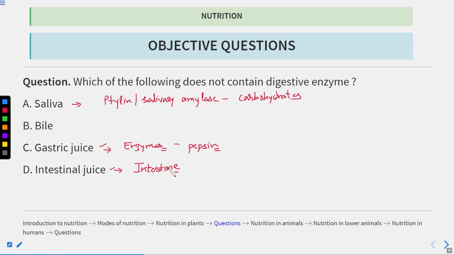Intestinal juice is secreted by the intestinal glands which are present in the intestine. Now let's talk about bile. Bile doesn't contain any enzymes. It only consists of some salts and some pigments such as bilirubin and biliverdin.